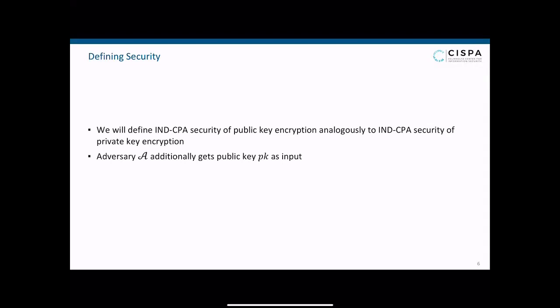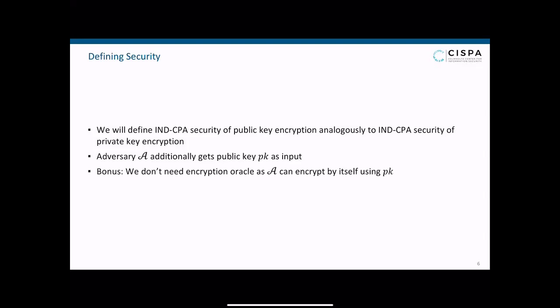So really the main difference here, which actually simplifies things for us, is that the adversary A additionally gets the public key PK, right? As the name suggests, the public key PK is public. I'm putting it on my homepage, so I couldn't possibly assume that this public key is hidden from the adversary. So we definitely have to give the public key PK to the adversary.